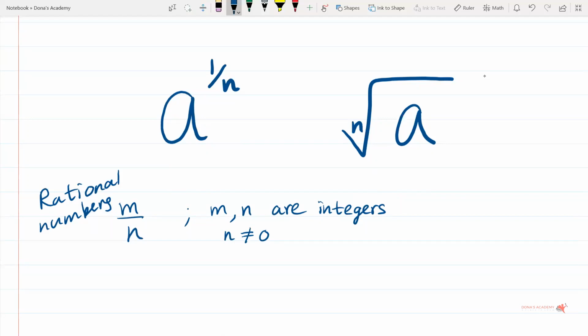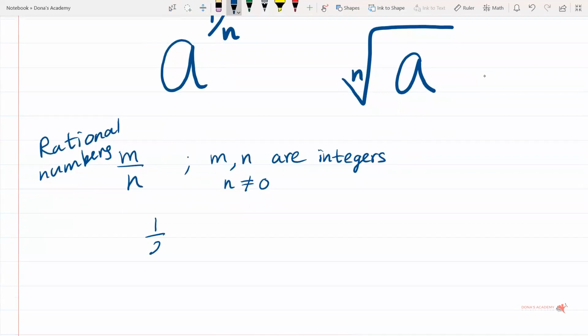So m and n are integers, n is non-zero, and these m and n should not have common factors. If a given number is of this form, then it is called a rational number. For example, all integers are rational, and other fractions like 1/2, 2/3, 4/5, all others of this form are rational numbers. Okay, now we know what a rational number is.